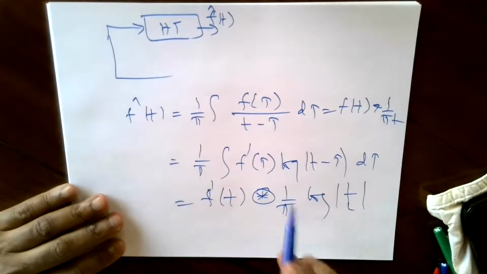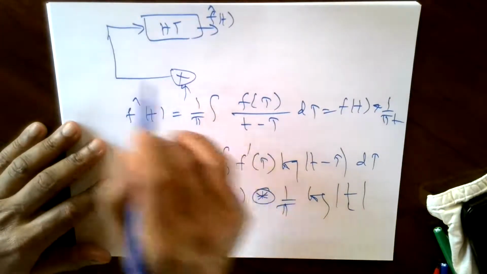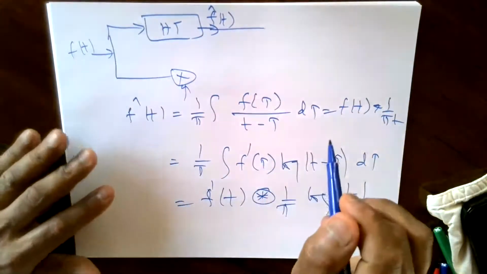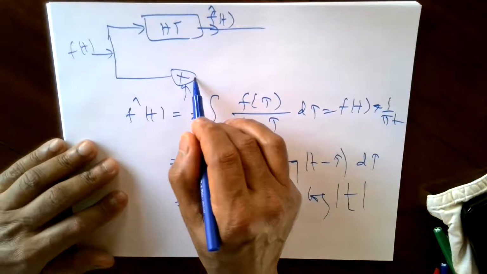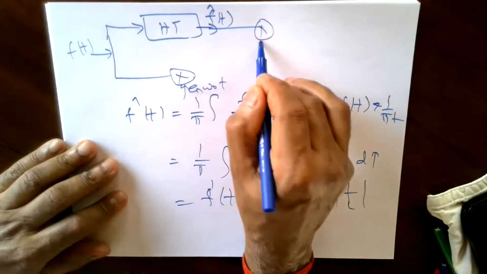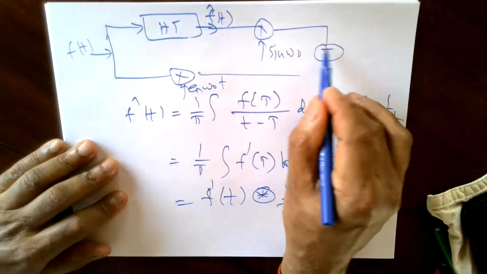Whichever, especially if the signal has edges, this is the one. So you have f(t), and one way or the other, create the Hilbert transform, and then multiply by cosine and sine. Add and subtract, you get the two sidebands.